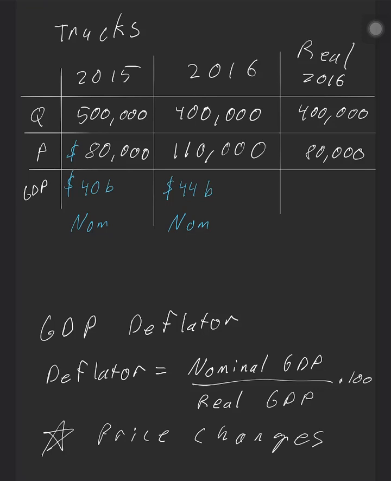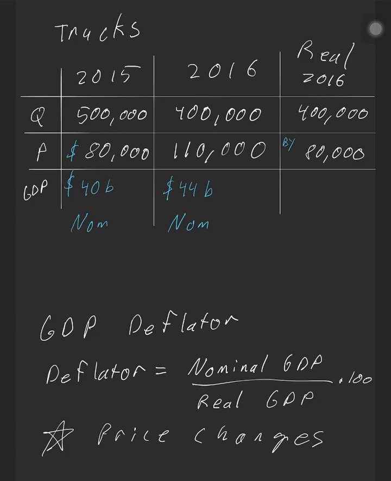Well, the way that we do that is we designate a base year. I'm going to designate the base year as 2015, so I'm going to use the number of trucks produced in 2016 at the price that they were worth in 2015.